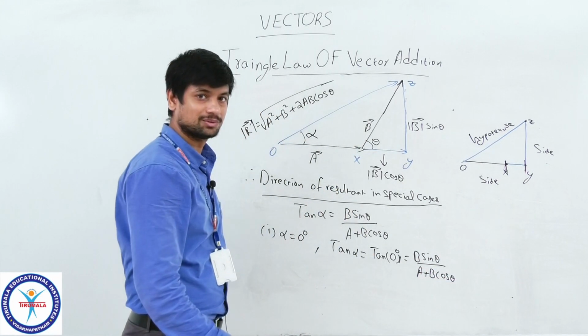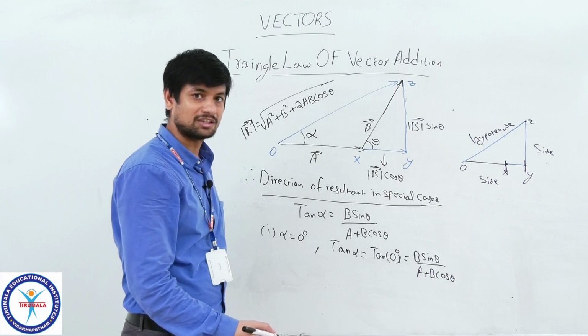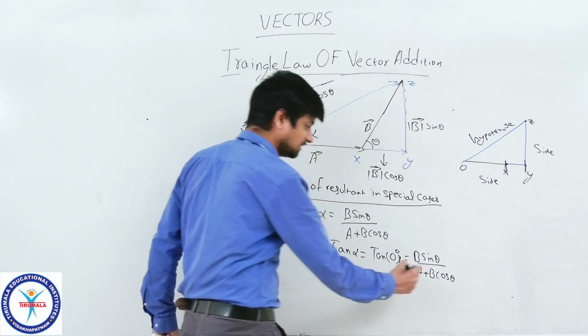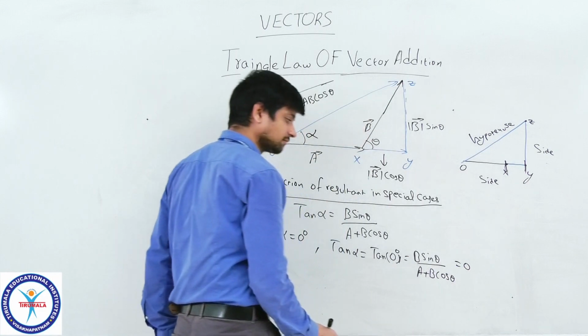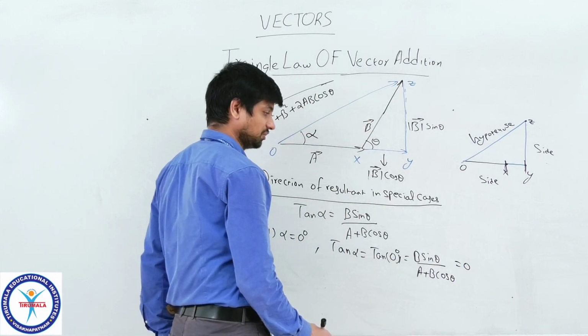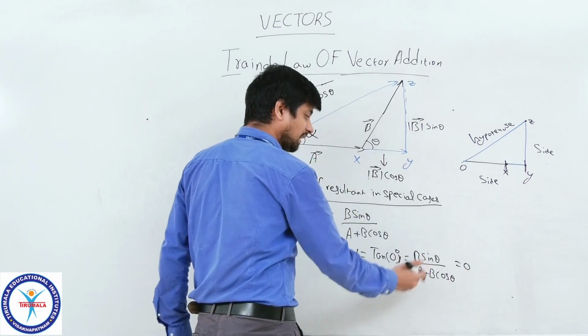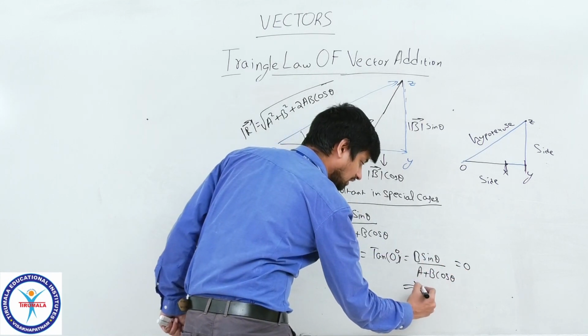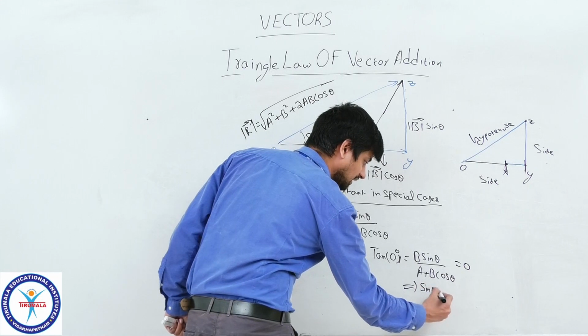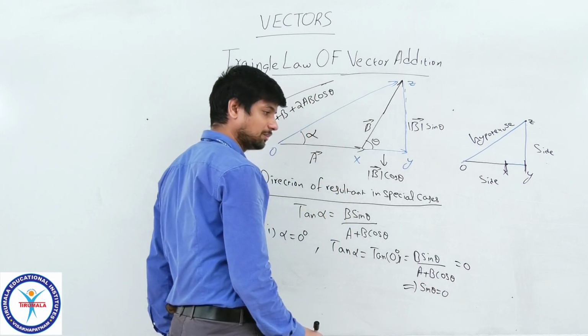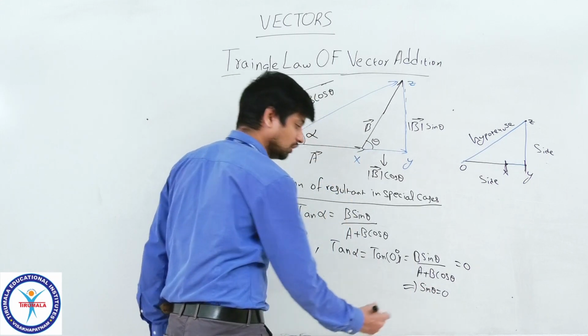Tan 0 value we know already, tan 0 value is 0. So this value becomes 0. What does it mean? A plus B cos theta into 0, and ultimately you will get sin theta value 0.